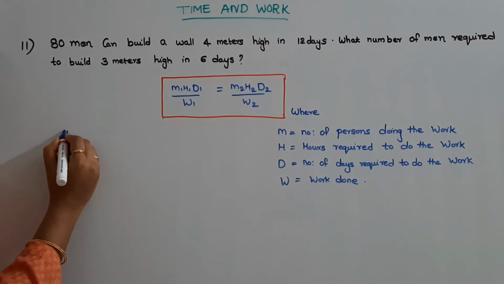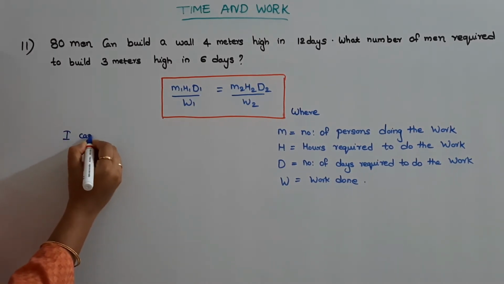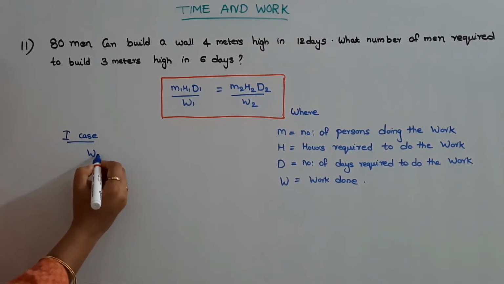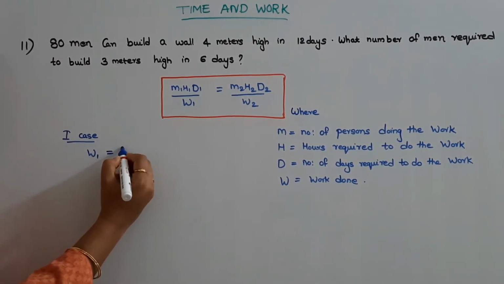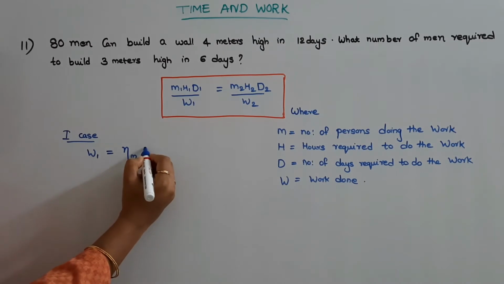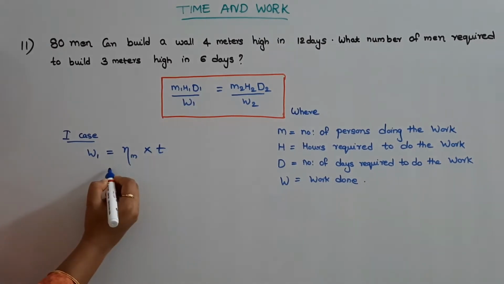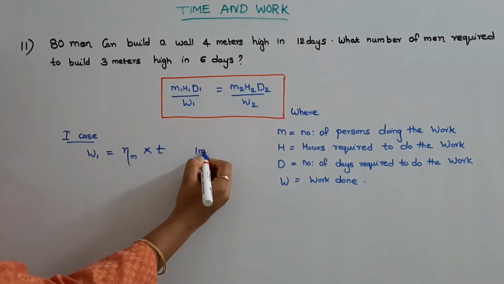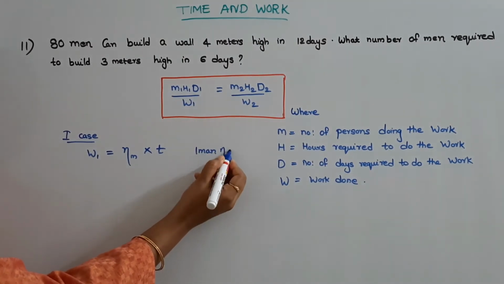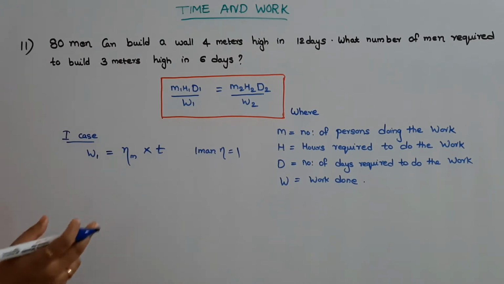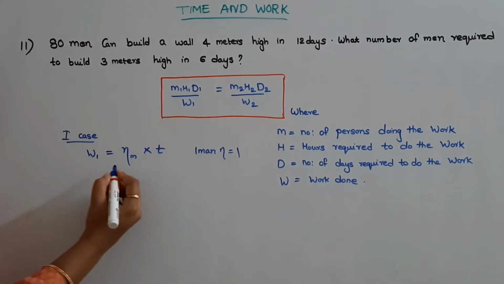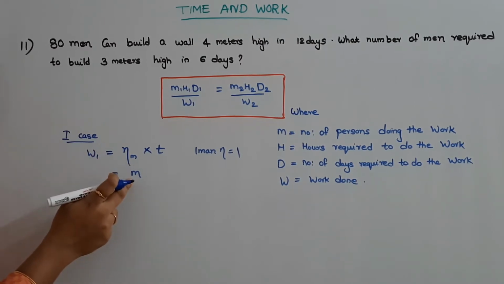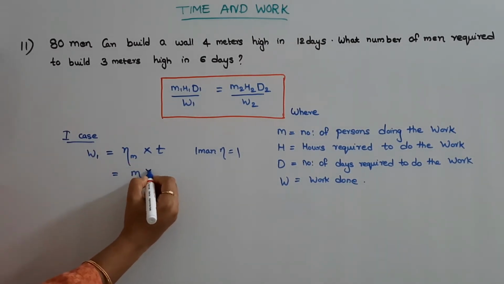In the first situation, we can represent the work done as W1, which will be equal to efficiency of the men into time taken. If one man's efficiency is equal to 1, then the efficiency of M number of men will be equal to M. So efficiency of M number of men is M into the time taken.